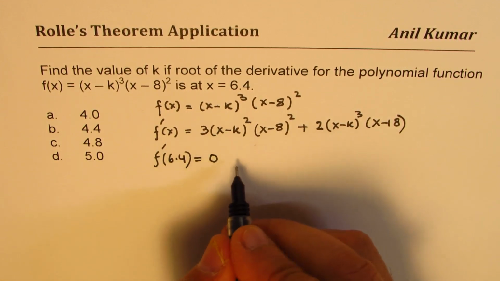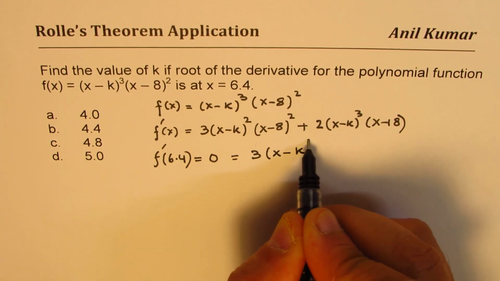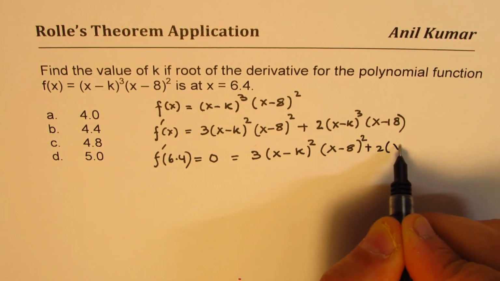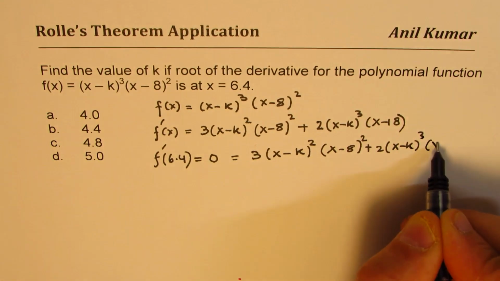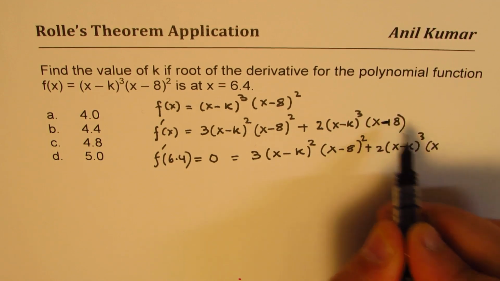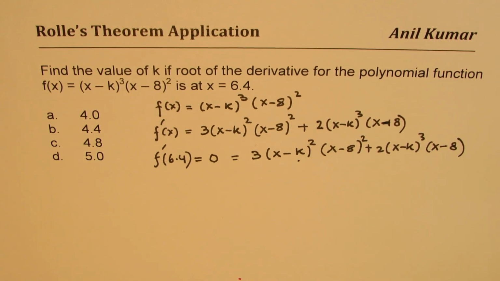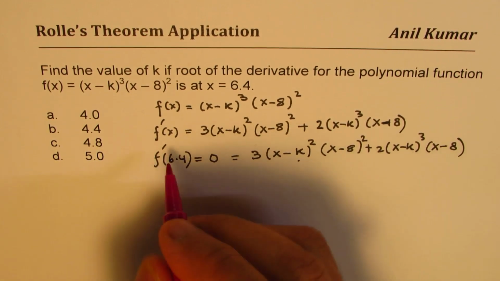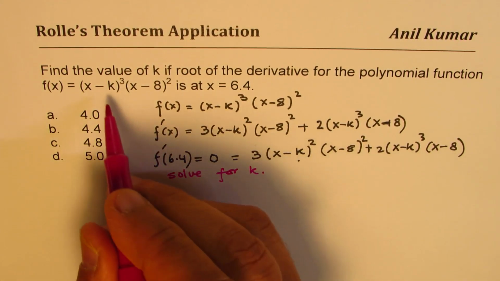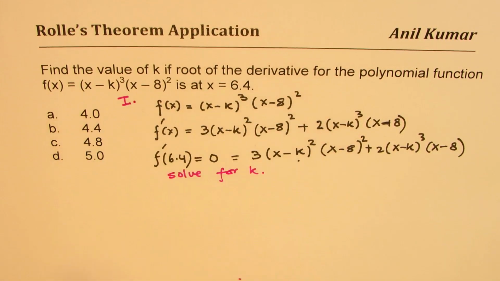So I have to write this as 0 equals to all this, correct? 3 times (x minus k) whole square times (x minus 8) whole square plus 2 times (x minus k) whole cube times (x minus 8), right? So we need to solve this equation. Definitely you can solve for k and get one of these answers. So I'll call this our method number 1.